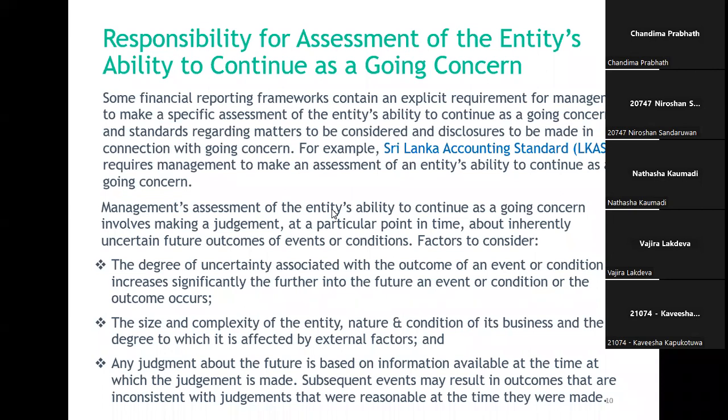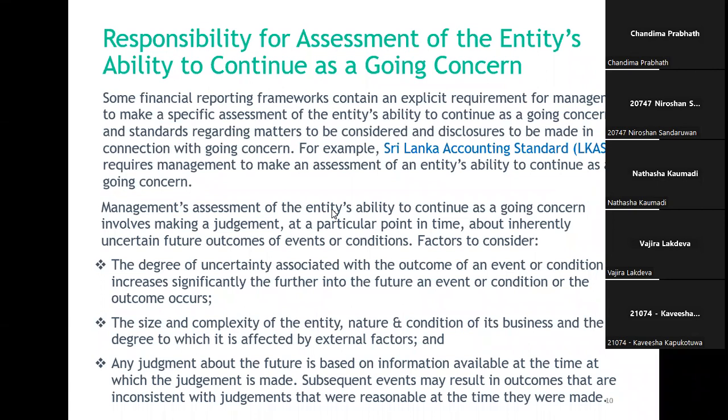Any judgment about the future is based on information available at the time at which the judgment is made. So it is at a point in time, right? Subsequent events may result in outcomes that are inconsistent with judgments that were reasonable at the time they were made. That's why at the point of making the assessment, you have to consider these factors. But after that, the factors that existed at the time of making the going concern assessment may change, but you cannot help that.